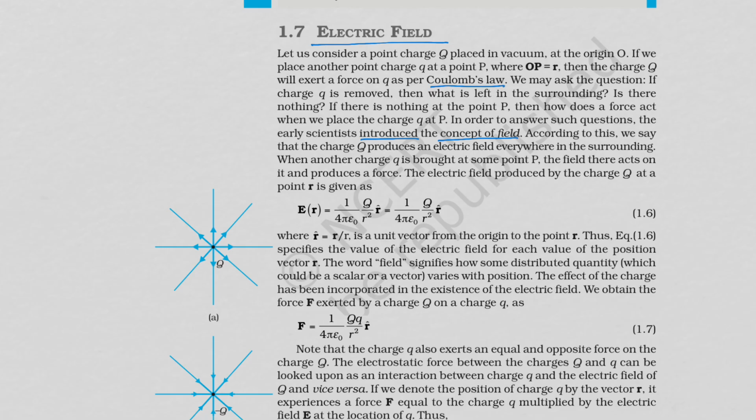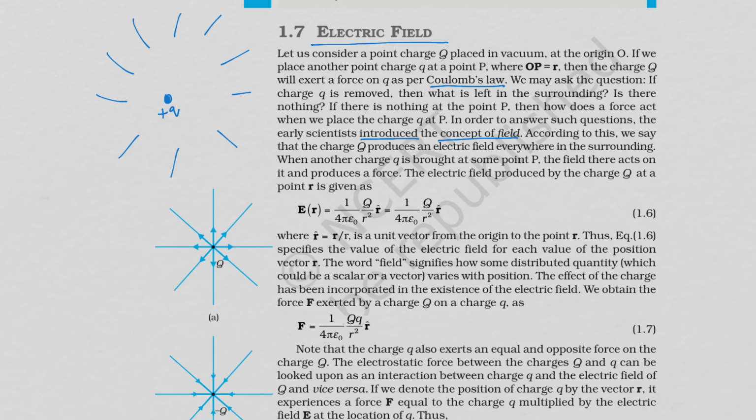It is a concept in which it is believed that when there is a charge or a charged body, then around this charged body, a region has some kind of magical capability which can produce force on any other charge.